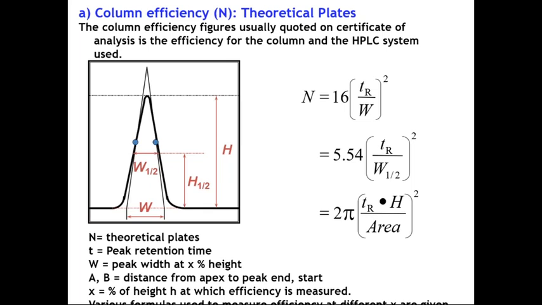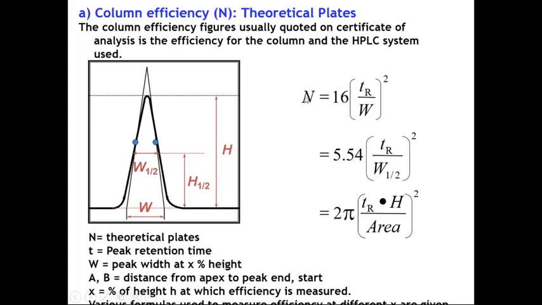We generally use uracil or acenaphthene in a C18 column with 60% acetonitrile water. You get a peak, and using this peak, we can measure the height of the peak, the width at half height, and the width at the base of the peak, and you can calculate it using any of these three formulas.